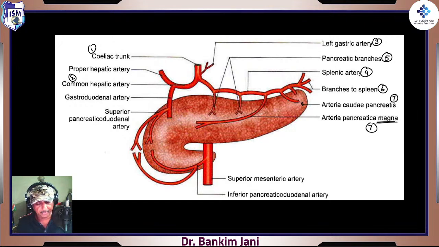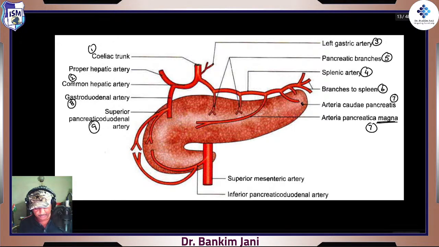Now coming to this part. This is the proper hepatic artery and this is the common hepatic. Common hepatic divides into this gastroduodenal, right? So we were on number 7. So let's put number 8 over here, right? Proper hepatic, it is going into liver, let it go. And this gastroduodenal is dividing into the superior pancreaticoduodenal artery. So that is number 9.